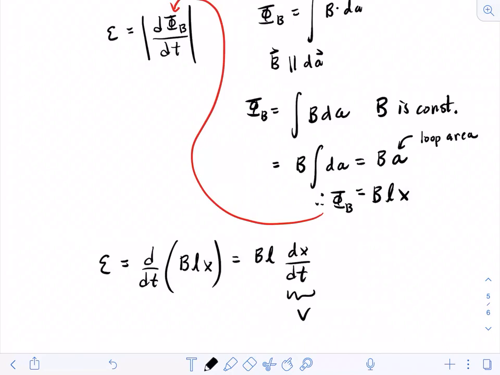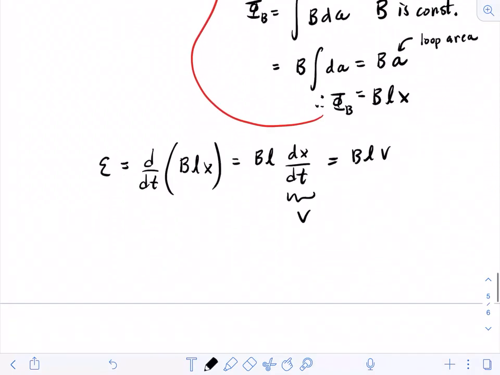But dx/dt is just the speed. It's the change in position of the bar with respect to time, which is the velocity. So the EMF is BLV.